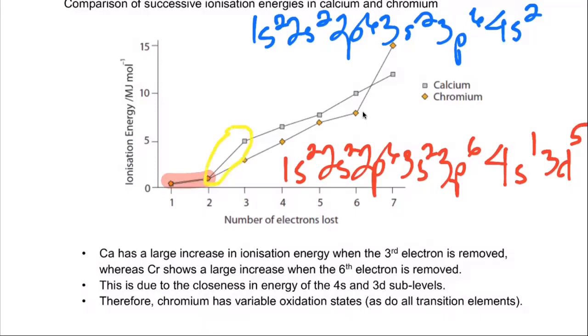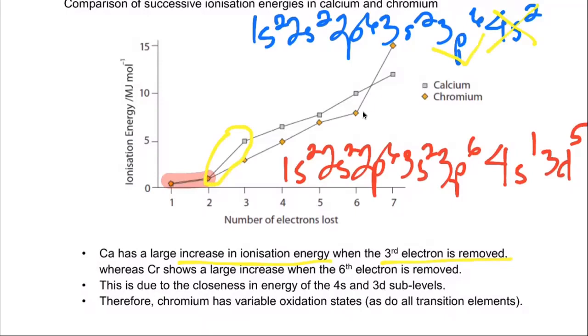And so when the third electron is removed, it has a large increase because it's going from 4s2 to now that third electron is coming from right here in the 3p sublevel. And so it's going to require more energy because that's closer to the nucleus and it's being held more tightly by the attraction. For chromium, it's pretty steady.